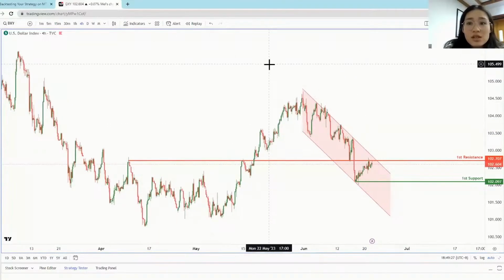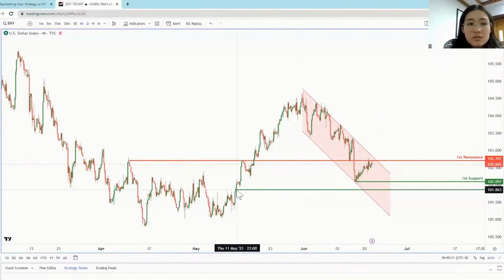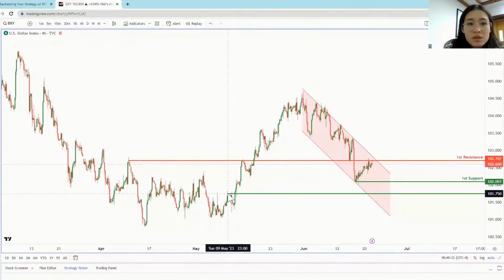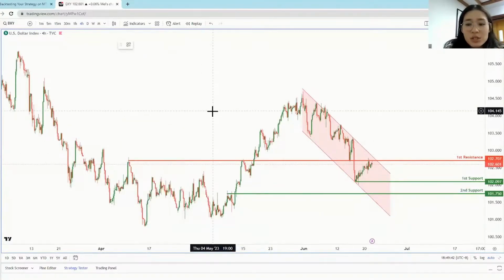I'm going to leave the second resistance out first. Here's my second support.